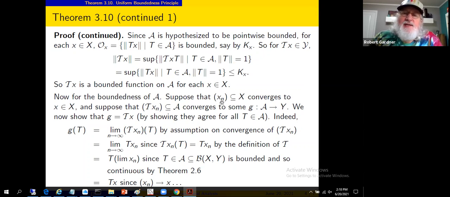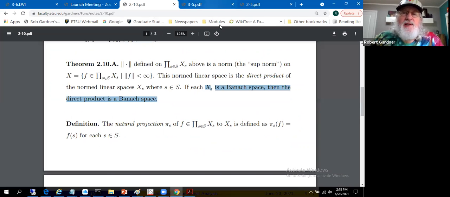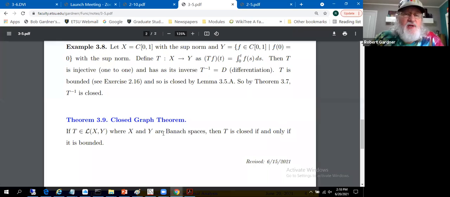So we've got part of the graph of calligraphy T. We've got input values and we've got output values. The input values are x's. The output values are, well, they're bounded linear operators, but that's what the output is. Maybe let's take a quick peek at the closed graph theorem. It was just the last section, but this is pretty involved stuff.